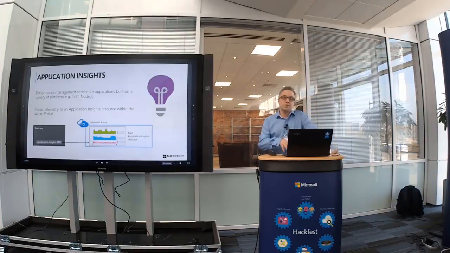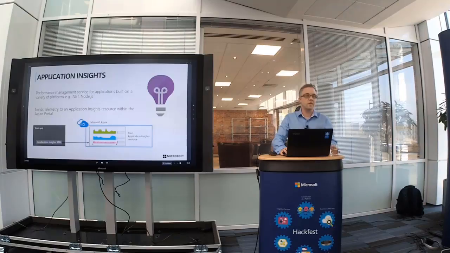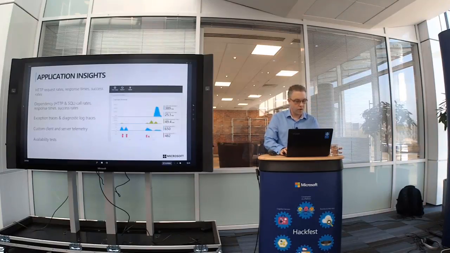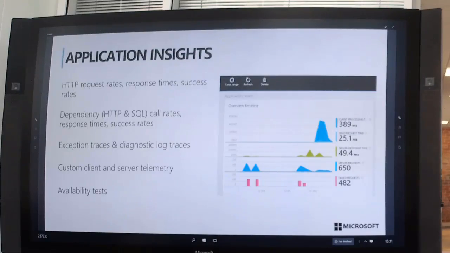Many of you may have worked with Application Insights on other projects. It doesn't have to be a bot. It works with any sort of .NET or Node application. You can use it across your projects, and it sends telemetry to a portal within the Azure platform. You get a lot of things out of the box.